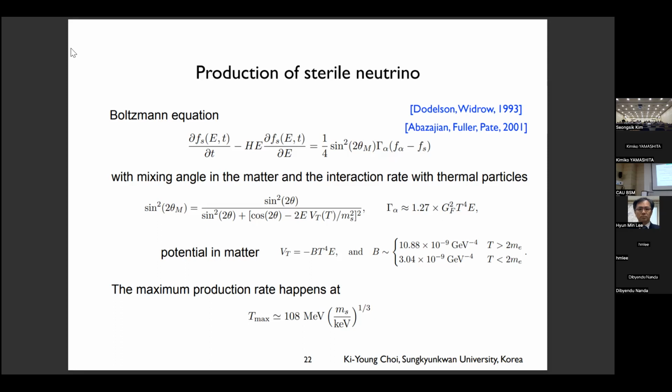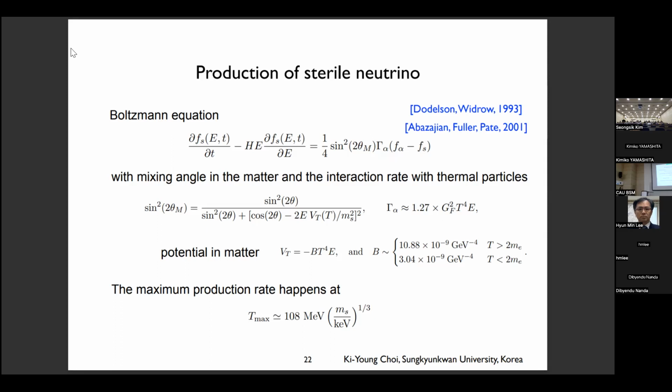So at high temperature, the sterile neutrino is not produced. At relatively smaller temperature, when V_T becomes small, the mixing allows the sterile neutrino to be produced. So the maximum production rate happens at a temperature of around 100 MeV. When the temperature is much larger than T_max, the sterile neutrino is not much produced.